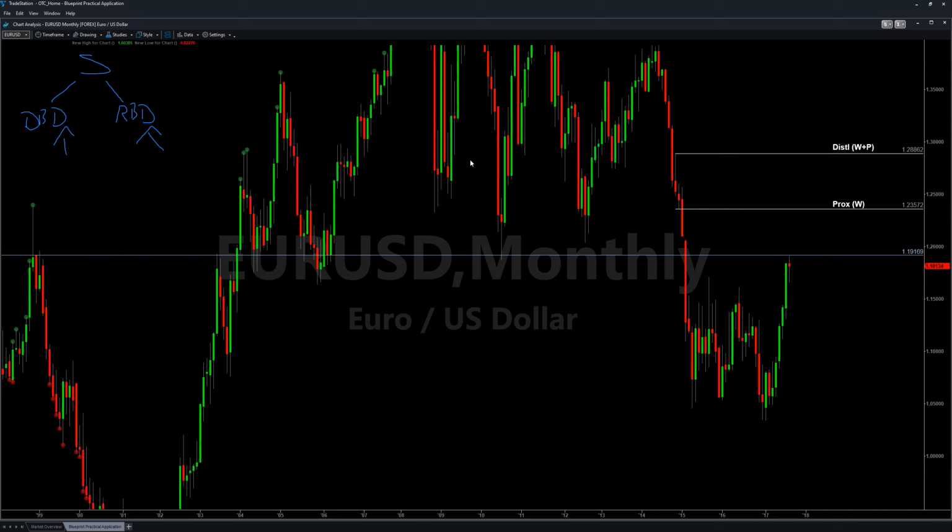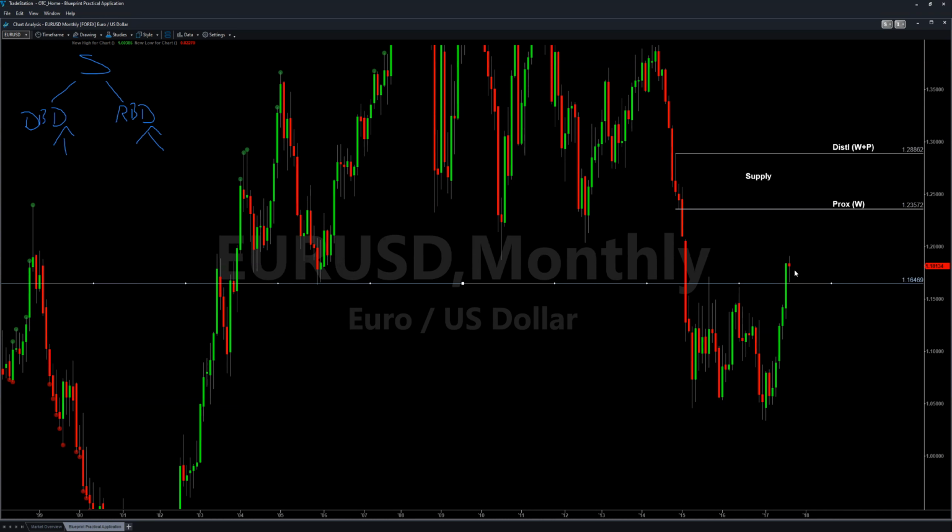The next step is we are done with the supply area. So supply. Now our turn is, let's check where's our next demand area. And here, guys, we will move the horizontal line to the lowest point on the current candle.